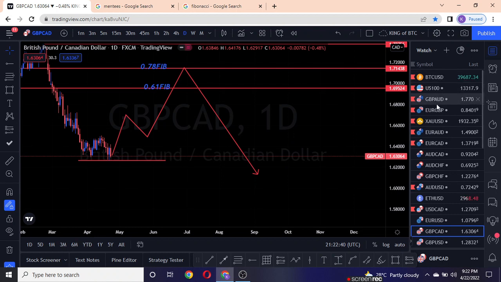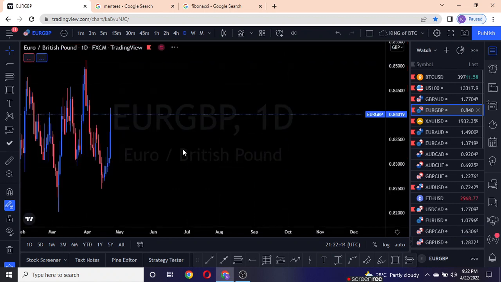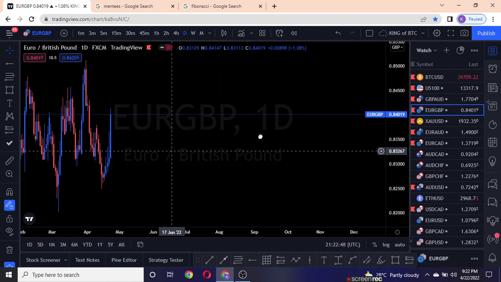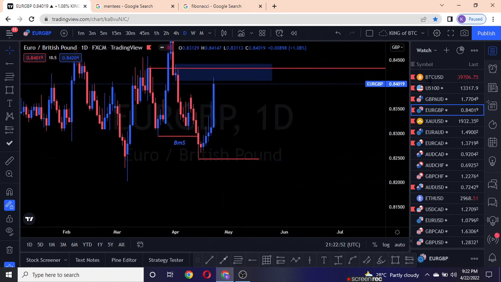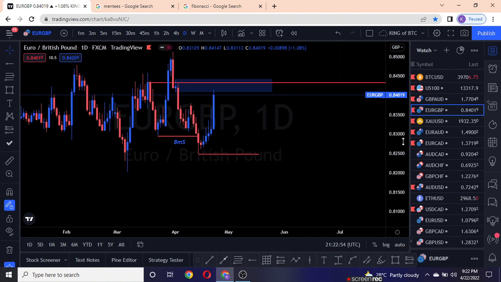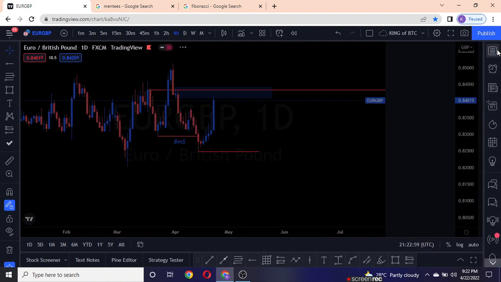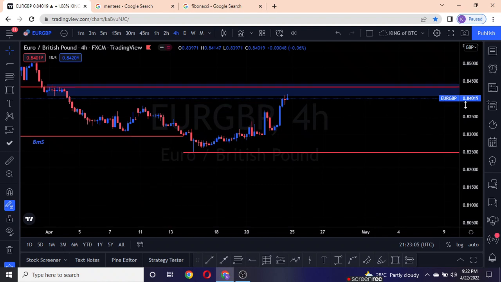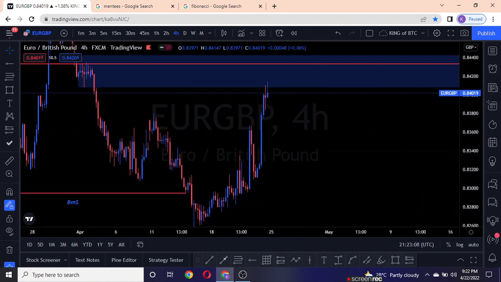Bitcoin, Euro GBP. Euro GBP was bullish. Good. Euro GBP is a bullish pair. I've done analysis on it. Okay, so let's go to the 4-hour time frame.